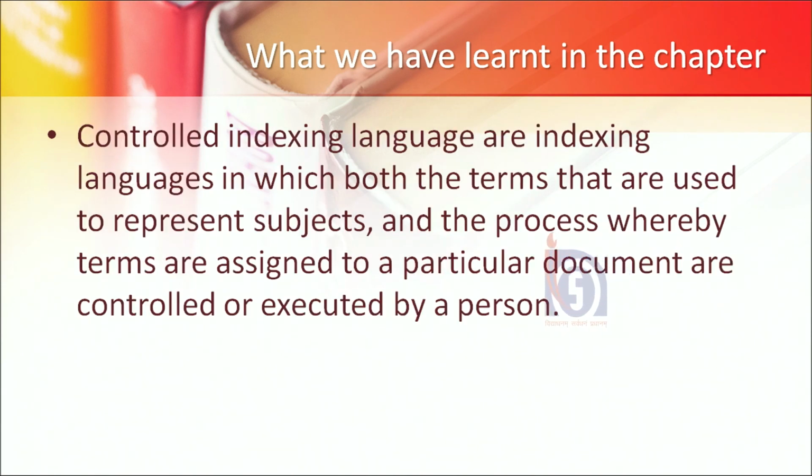And finally, controlled indexing languages are indexing languages in which both the terms that are used to represent subjects and the process whereby terms are assigned to particular documents are controlled or executed by a person.